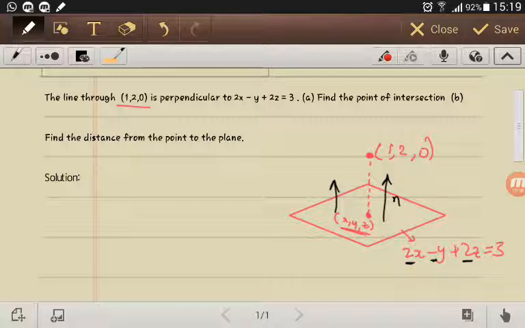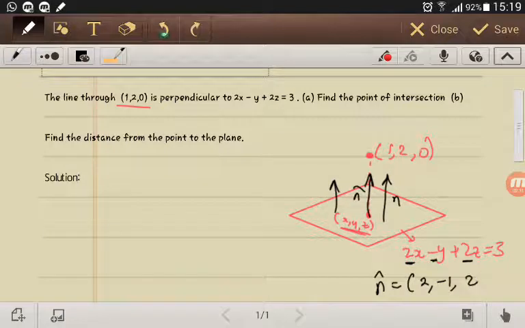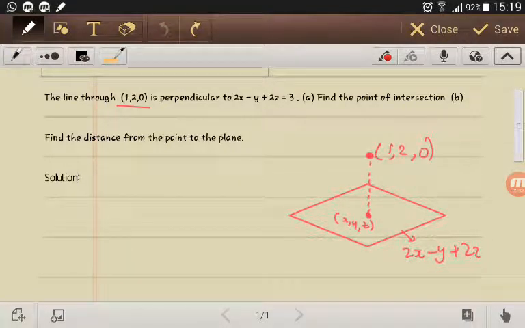That means even this point has that normal vector, which is (2, minus 1, 2). So from this point to this point we know the vector going there, and we have a point. So we can get a parametric equation of a line from this one using the n vector, which is (2, minus 1, 2).